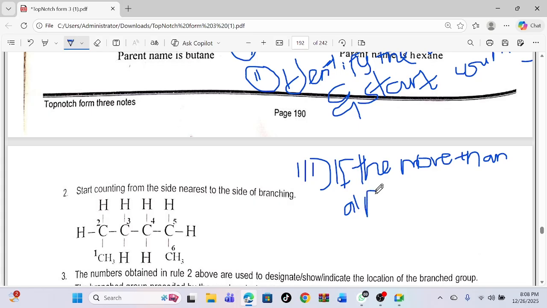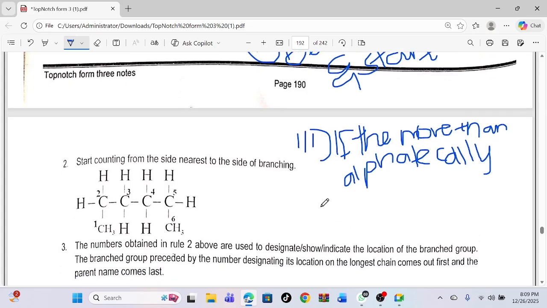Inamaanisha for example kama uko na branch ya bromine, chlorine and tuseme iodine, gani inakuja first according to ABCD? According to alphabet ni B inakuja first, bromine, followed by chlorine, that is a C, followed by iodine. So that's how I mean alphabetically. Name them alphabetically.